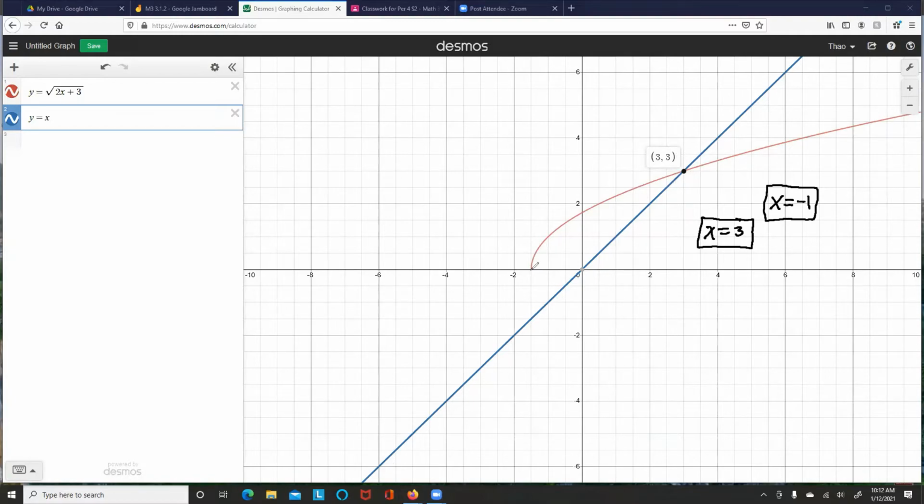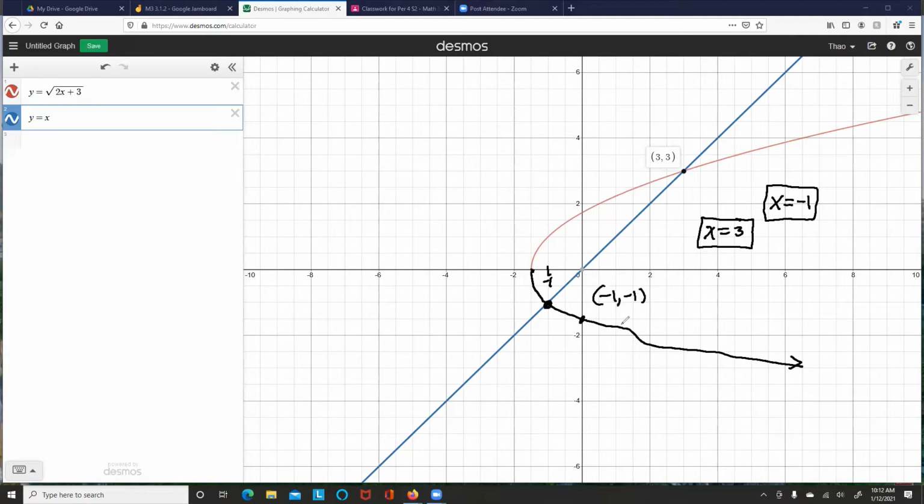If I continued this graph, it would go down, sorry, I'm not graphing too well, and it would intersect at -1, -1.